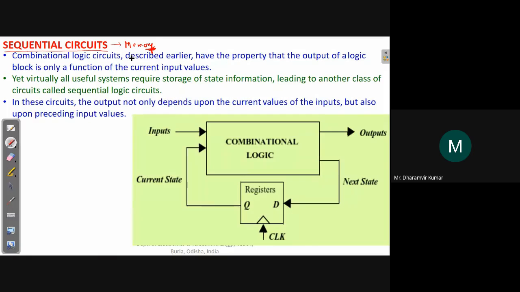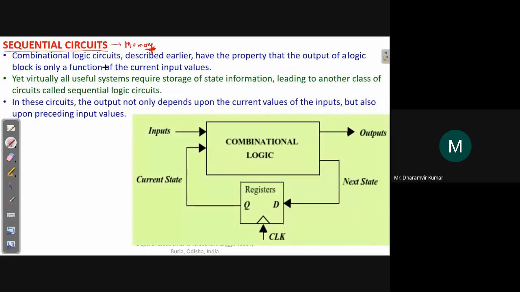If we have memory, it means that we can recall the previous data, the previous information, the previous events, and then we can take the current decision. If we have some bad experience related to one particular event, and in future we face the same event, we will try to figure out what happened during the previous encounter, and based on that experience we will decide.